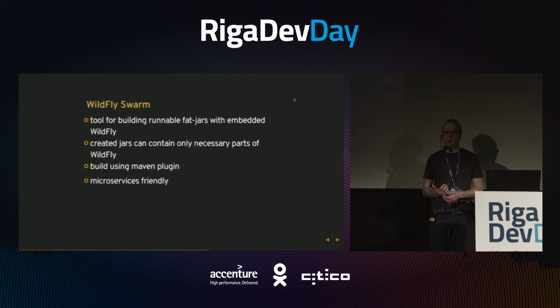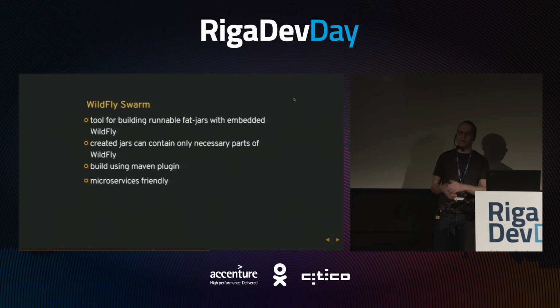So you can use WildFly Swarm for it. The change that you are going to need is to add the WildFly Swarm plugin to your Maven build path and also specify what part of the application server you need. So if we are using a REST application, WildFly Swarm has what it calls fractions, and you have to specify in your Maven configuration that you depend on the REST fraction.